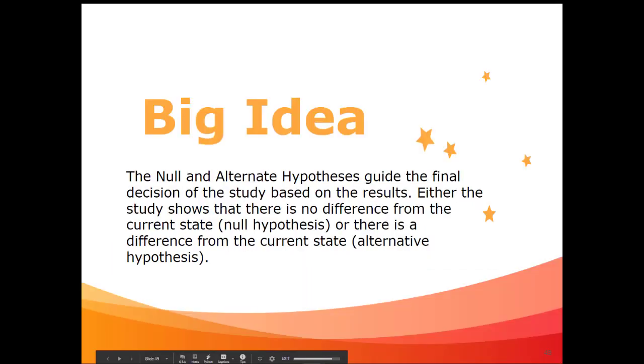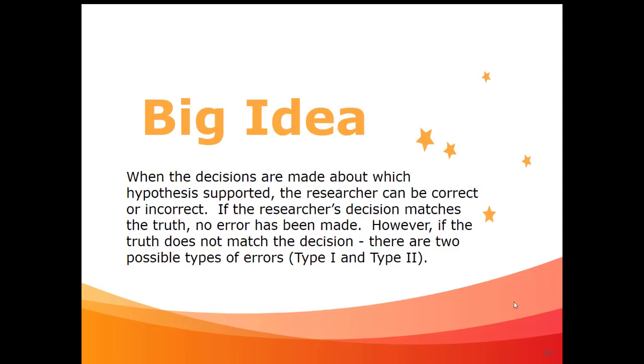So what's the big idea? Today's big idea is that the null and alternate hypotheses guide the final decision of the study based on the results. Either the study shows that there is no difference from the current state, which is the null hypothesis, or there is a difference from the current state, the alternate hypothesis. When the decisions are made about which hypothesis is supported, the researcher can either be correct or incorrect.